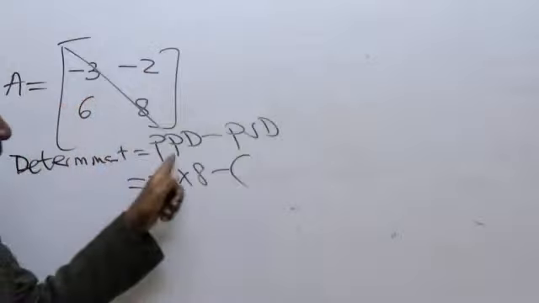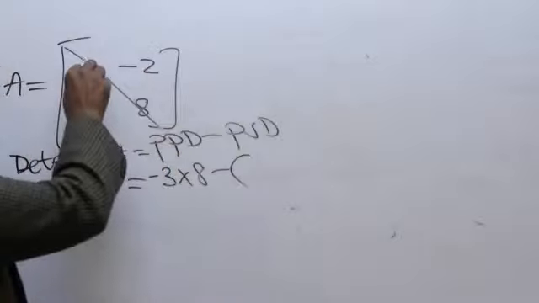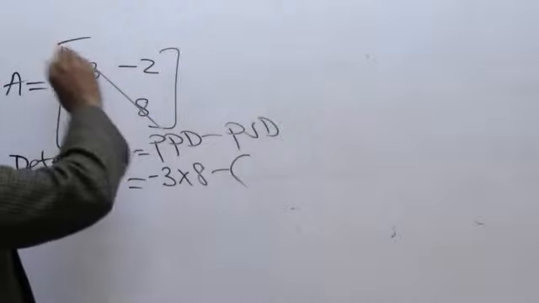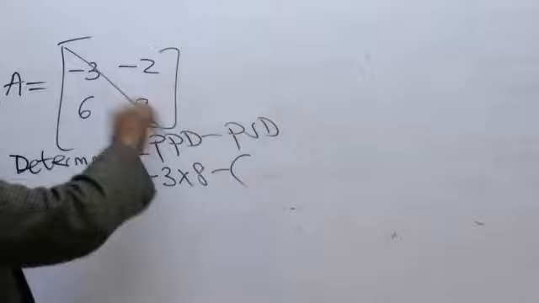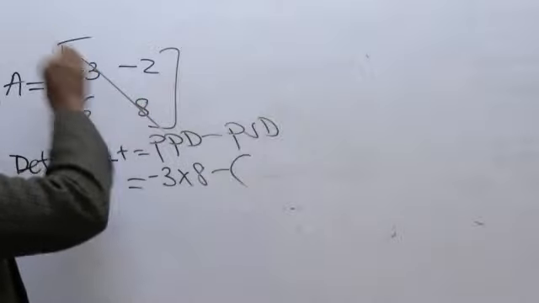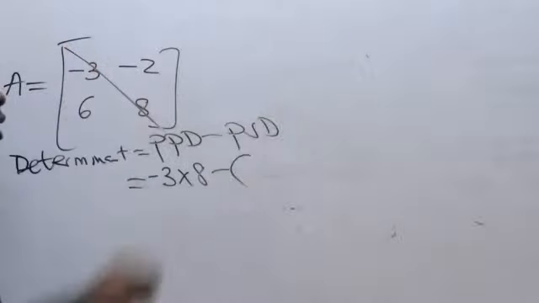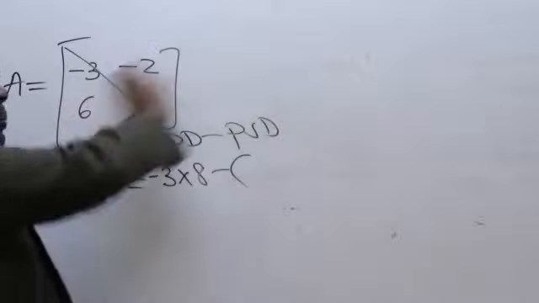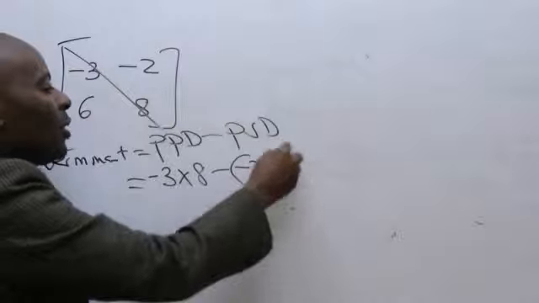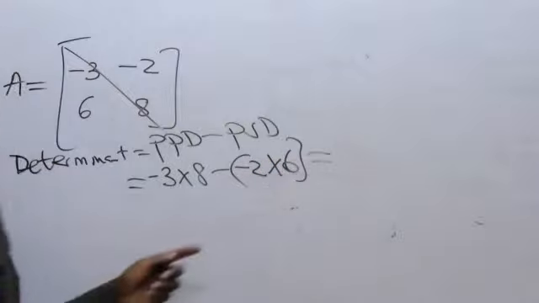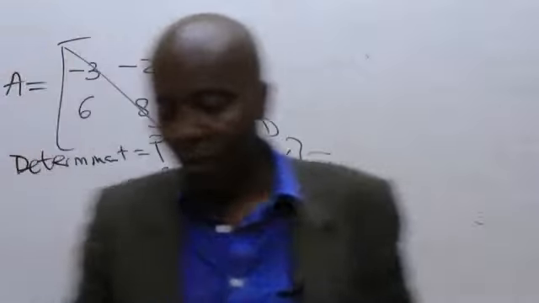Remember, the primary diagonal elements are the elements in the leading diagonal, and the primary diagonal is the one that starts from the first element of the entire matrix. The other diagonal will be the lagging, so we have -2 by 6. Could you kindly give me an answer at the end of the day? What do we have here?